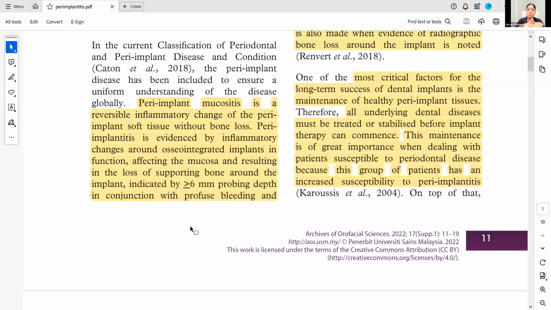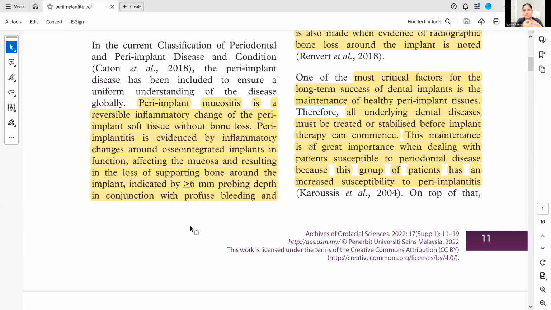Peri-implant mucositis is a condition which involves the gingiva alone. It's a reversible inflammatory change in the peri-implant soft tissue, that is the gingiva surrounding the implant, without involvement of the bone. As we know, there is no periodontal ligament. So when we talk about implants, we are talking about the gingiva, the soft tissue around it, and only the bone around it.